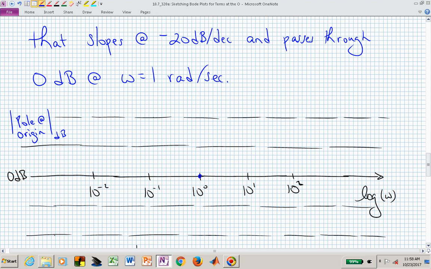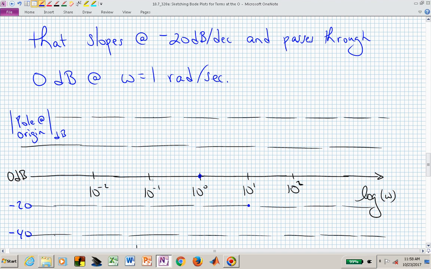It's now going to be 20 dB down from there, a decade beyond 1, which is at 10. So if this is now my minus 20 dB line, and that's my minus 40 dB, it's not flat ever. It's always sloping.